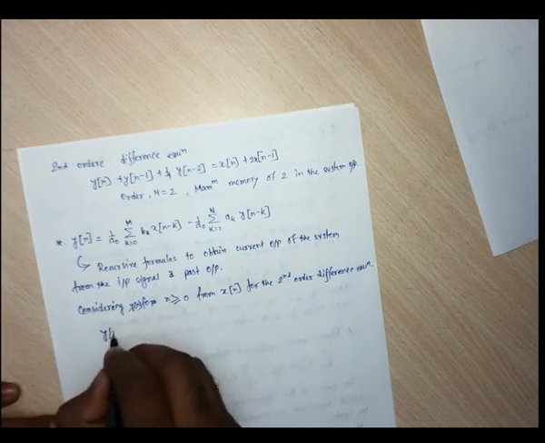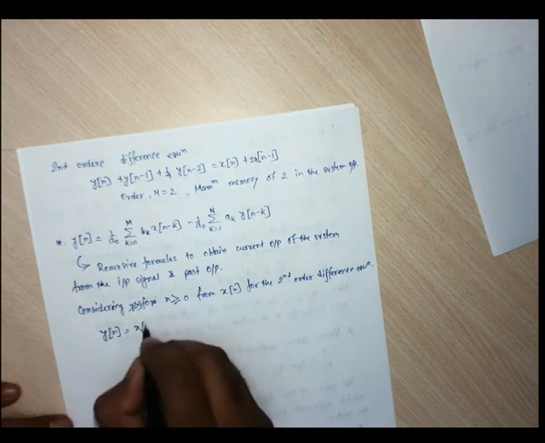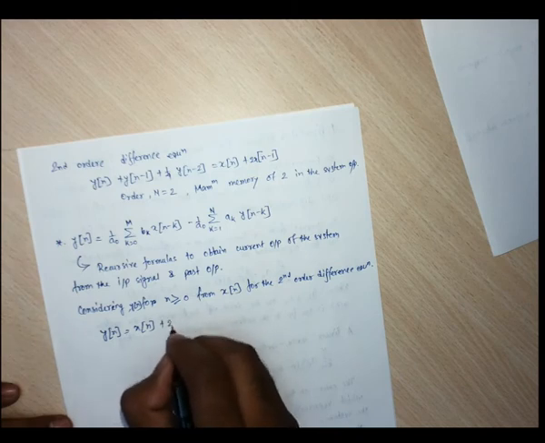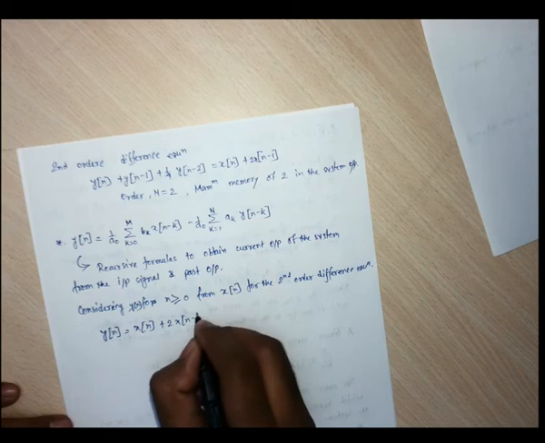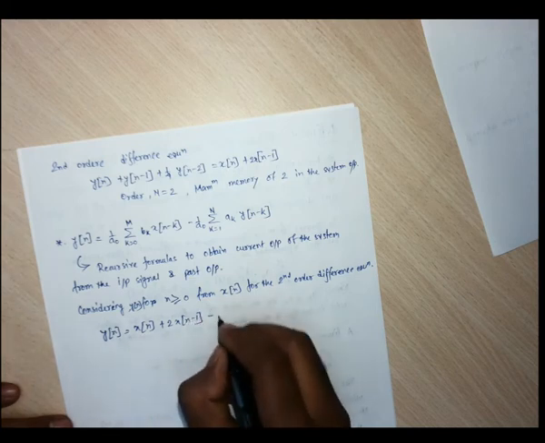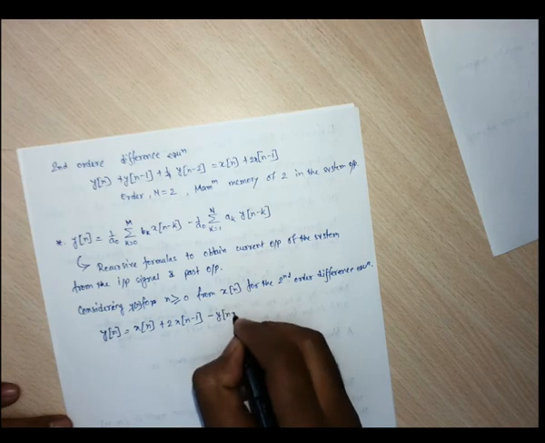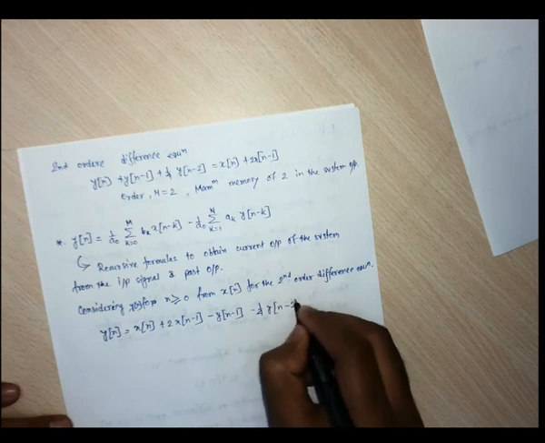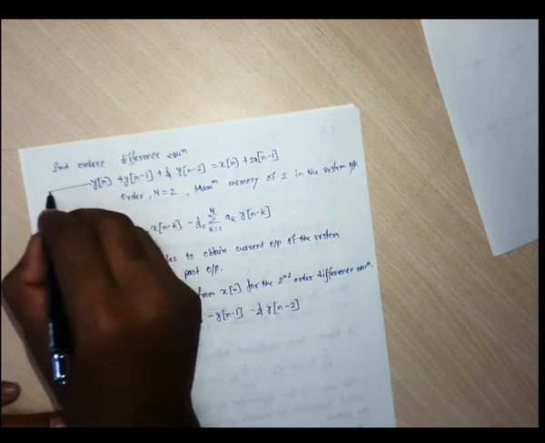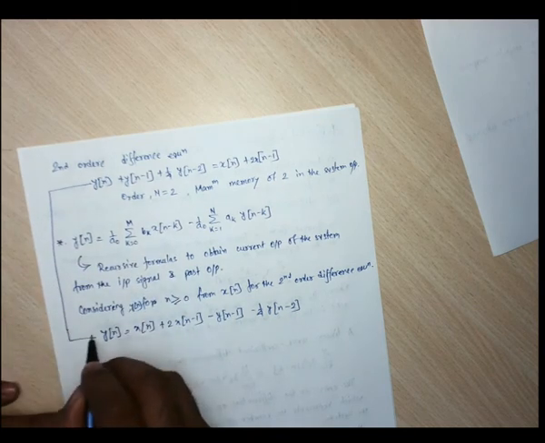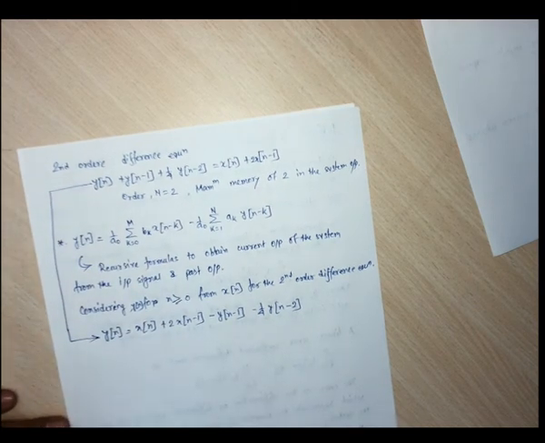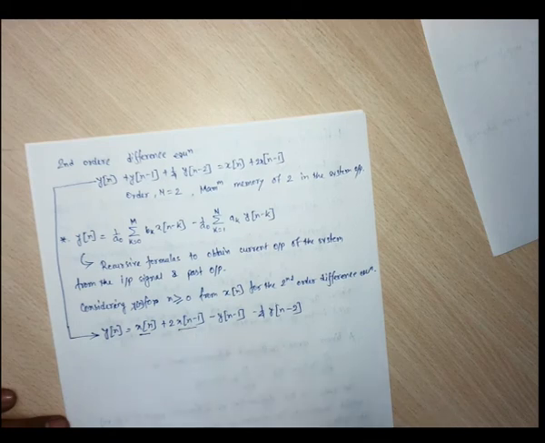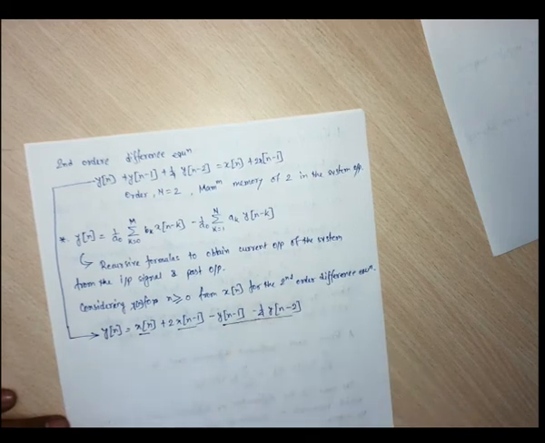So this y of n, I am just writing the expression, just hold on, I'll describe. y of n equals x of n plus 2 x of n minus 1 minus y of n minus 1 minus 1 by 4 y of n minus 2. So what we did, we have rearranged this expression to find the current or present output of the system from the present input as well as past input and the past output.